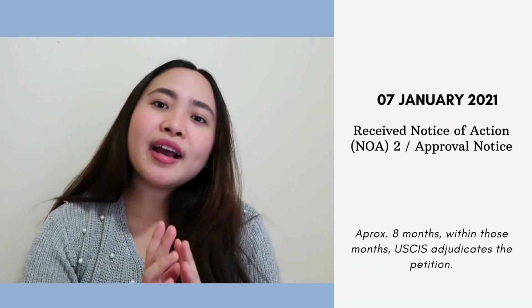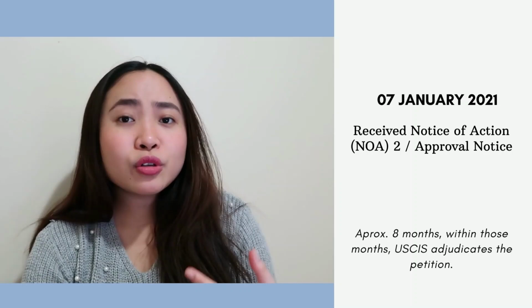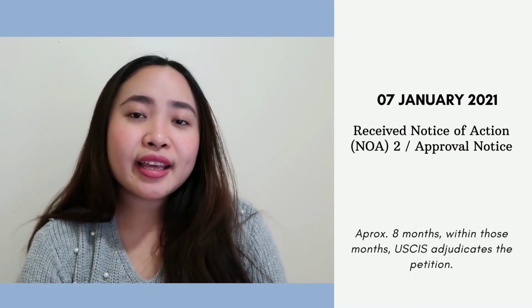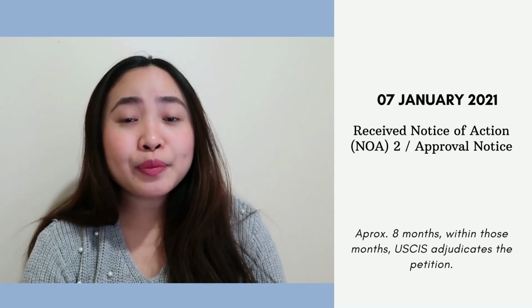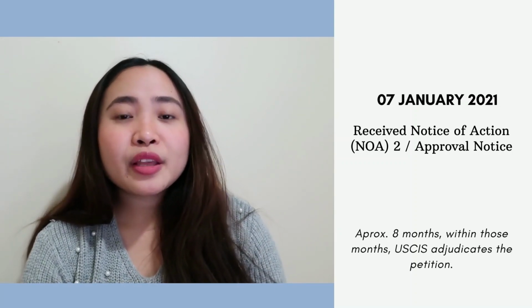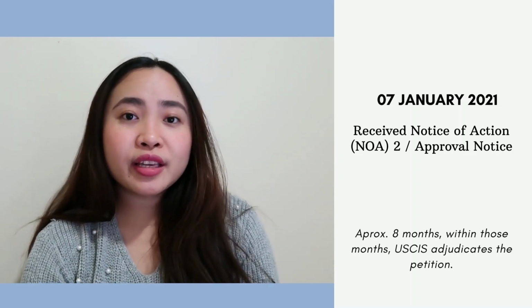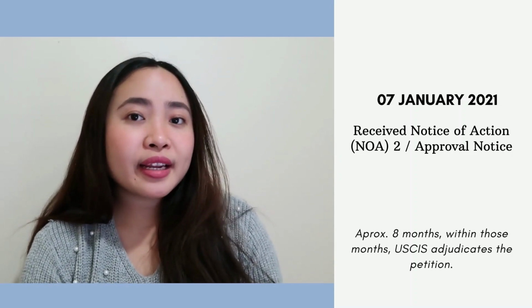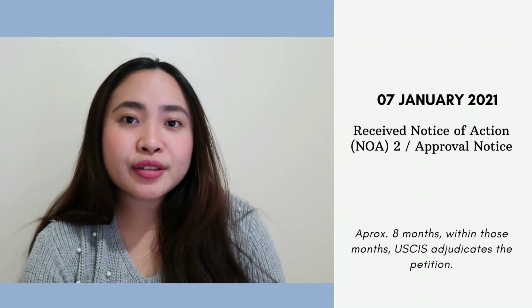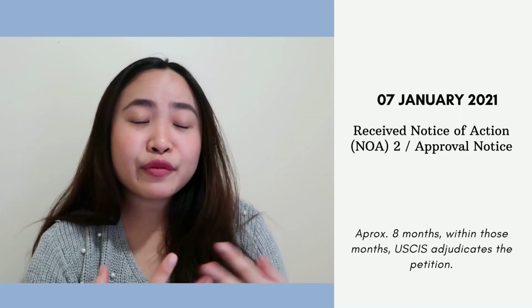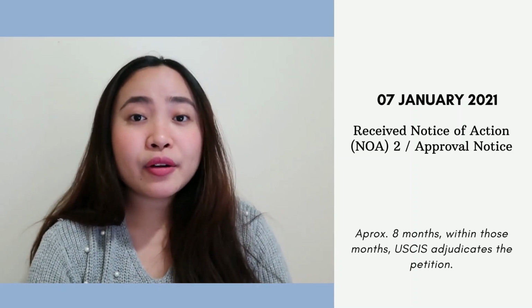So why am I establishing 8 months? Usually when you check the USCIS website and click on the form or petition you submitted, they will give you an approximate of how long it will take to get an update or approval of your case. During my time in 2020, it would take about 8 months.